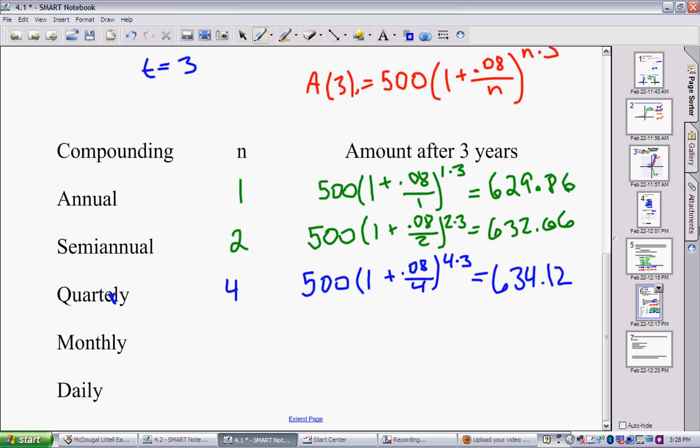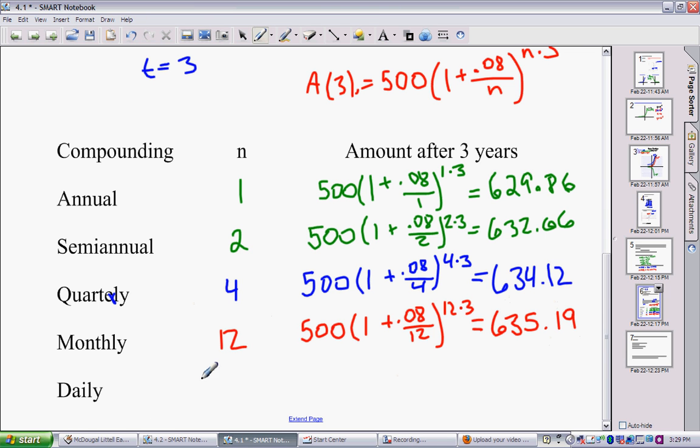Monthly, 12 times a year. $500 times 1 plus 0.08 over 12 to the 12 times 3 gives you 635.19, so about $1 more.